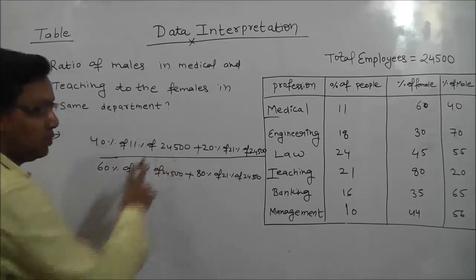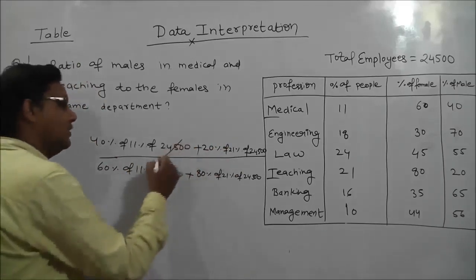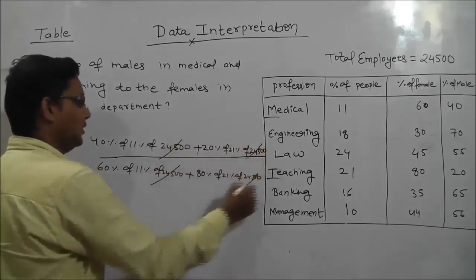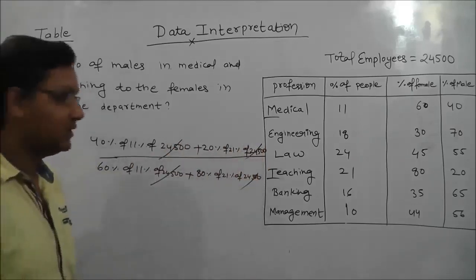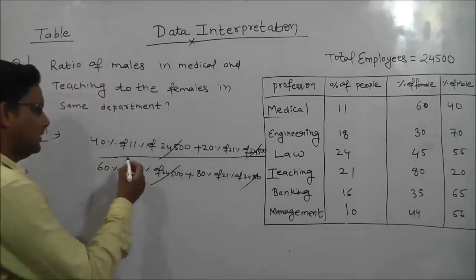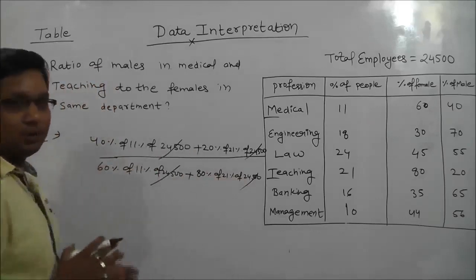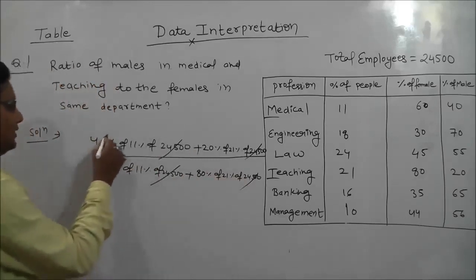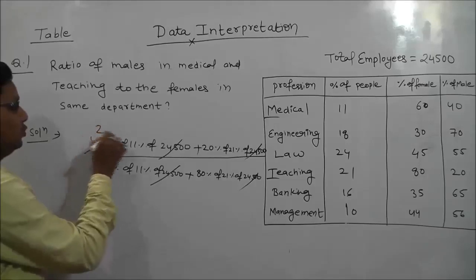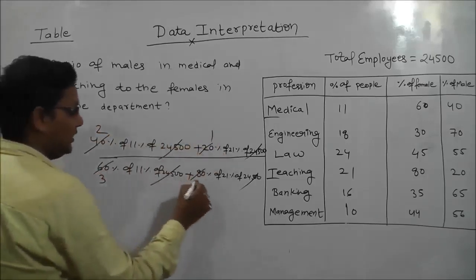So 24,500 is common in both numerator and denominator, so cancel it. After understanding all the things, you will not write this also. Now 11% plus 20%, and see here, by cancelling with 20, how much will you get? 20 into 2, 20 into 1, 20 into 3 and 20 into 4.